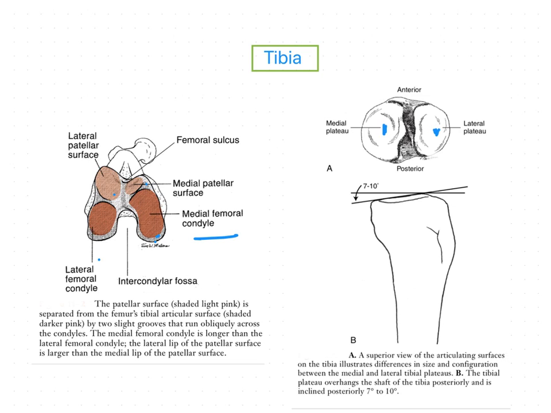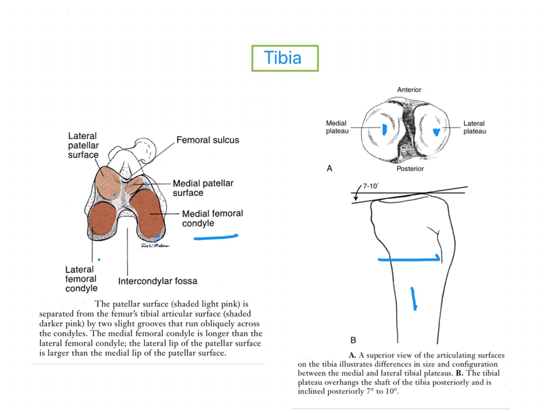These condyles are also called plateaus. The proximal tibia is enlarged as compared to the shaft.